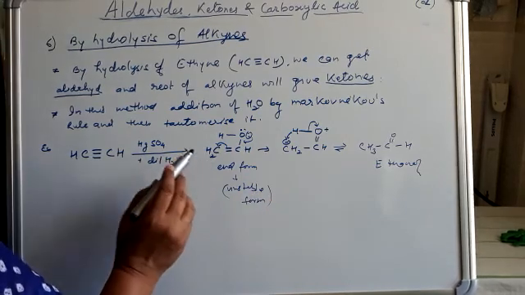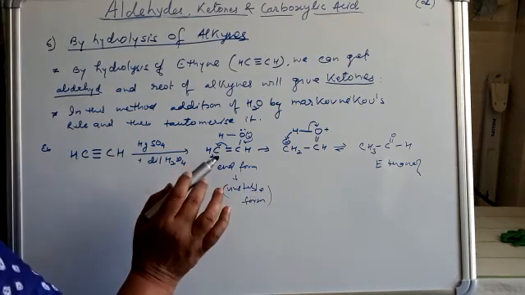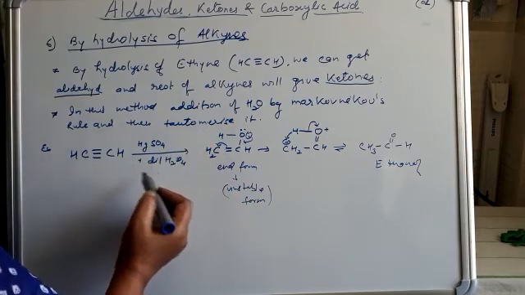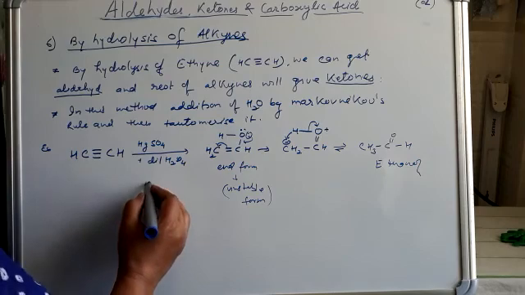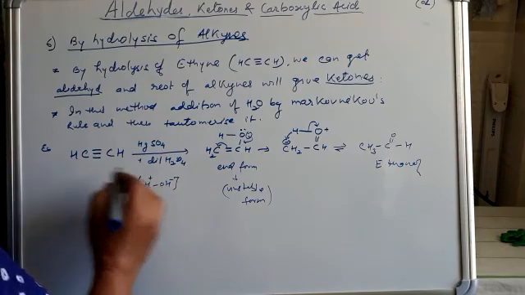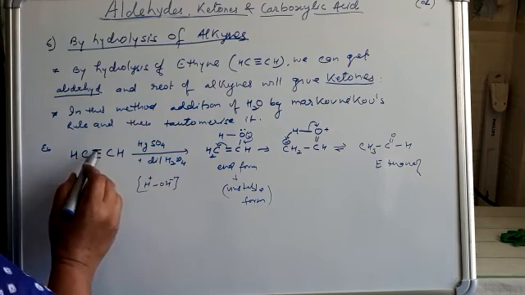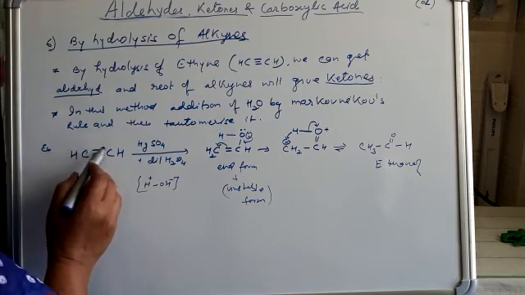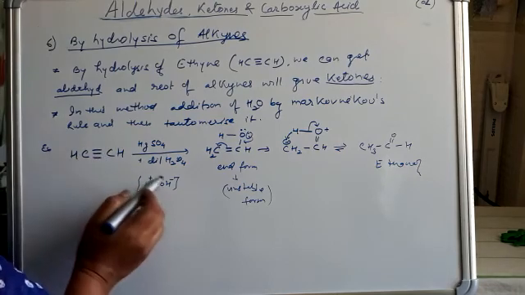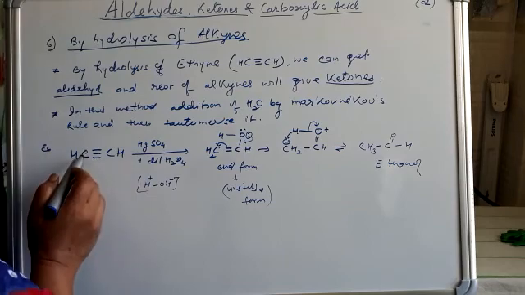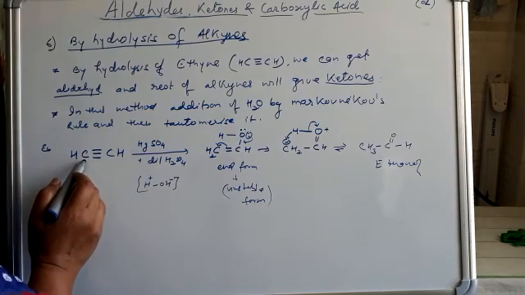See here how the reaction mechanism proceeds. Water is present here as H plus and OH minus. If one of the pi electrons shifts towards this side, a negative charge appears on one carbon and a positive charge goes to the other carbon.